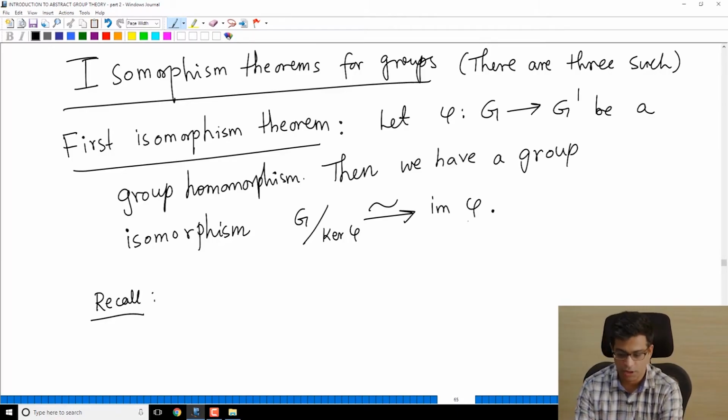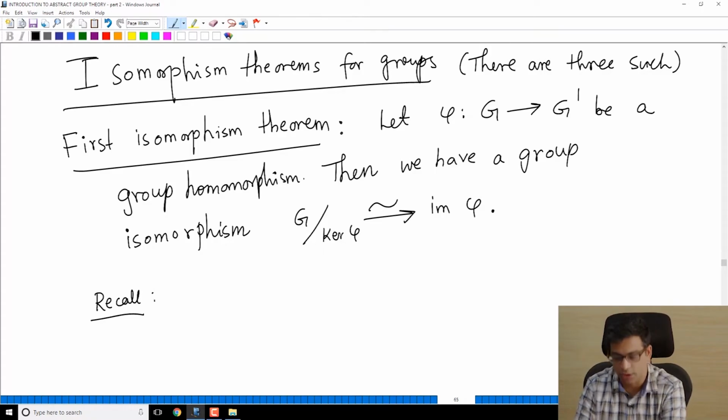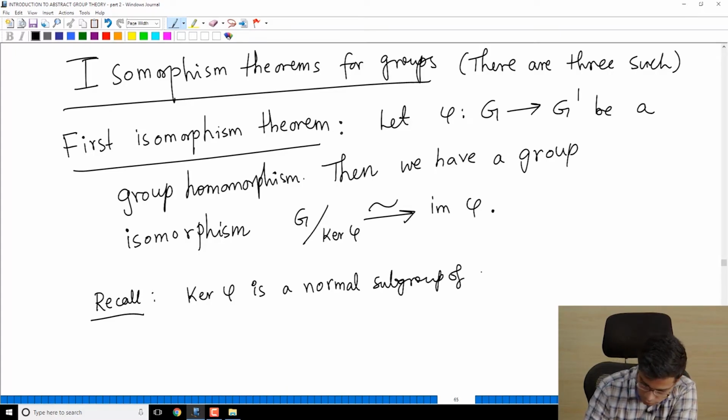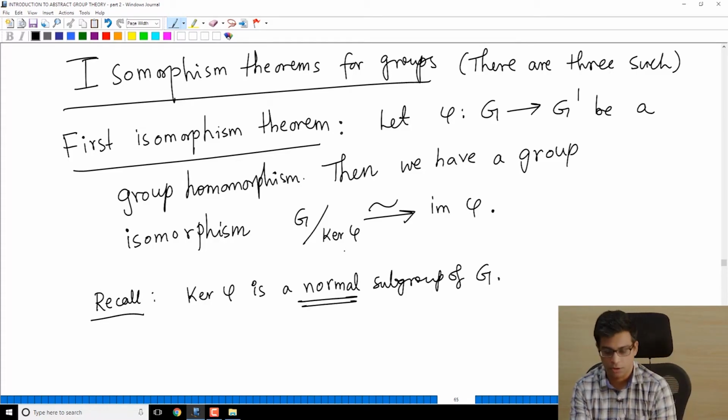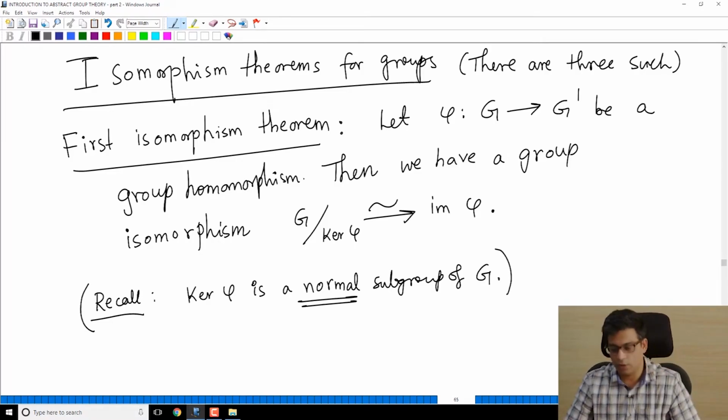Image phi is a group because it's a subgroup of G prime, but G mod kernel phi is also a group because in general the quotient is only defined when you have a normal subgroup. But remember, kernel phi is a normal subgroup of G, hence we can talk about G mod kernel phi as a group. So G mod kernel phi is isomorphic to image phi.